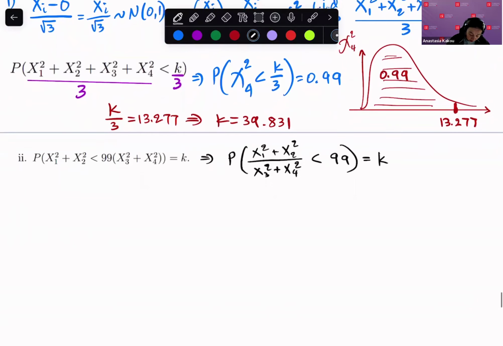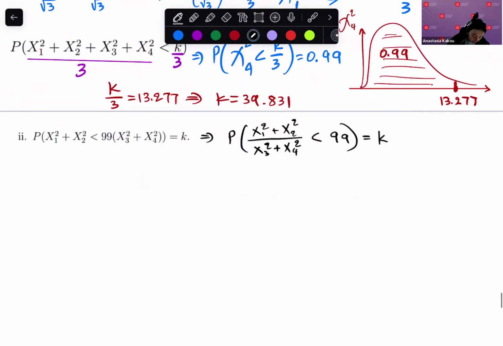And the way to create the F distribution is to take a ratio of chi-squares. So first we need to create chi-squares, following exactly the same steps as in part one. So you have first the standard normal, then the square of that standard normal makes it a chi-square of 1 degree of freedom.